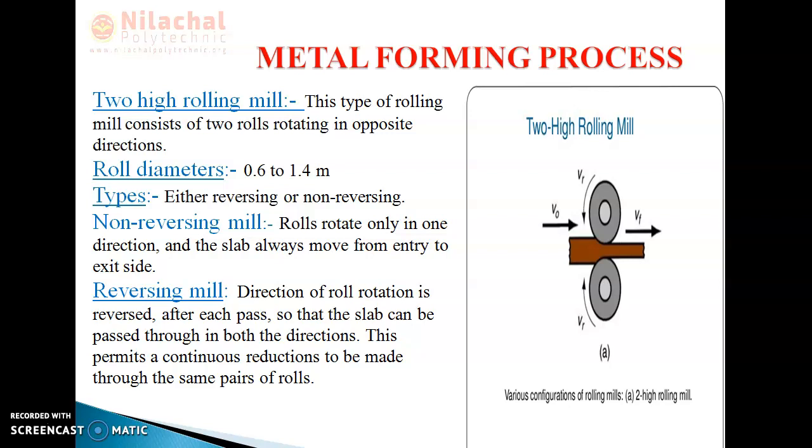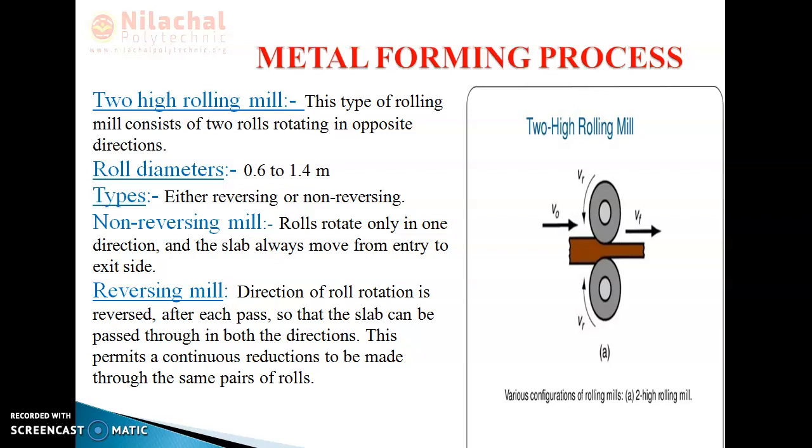the 2 high roll mill is again subdivided into reversible type and non-reversible type. Reversible type means in this type the direction of rotation of the rollers can be changed. That is, if one roller moves in clockwise direction, it can rotate in anti-clockwise direction also.